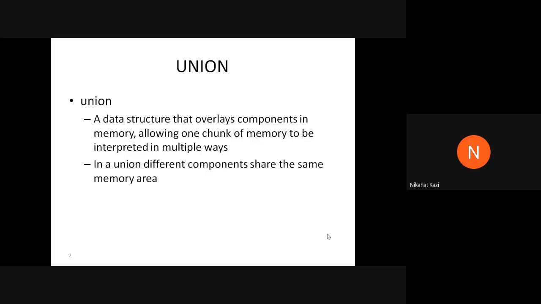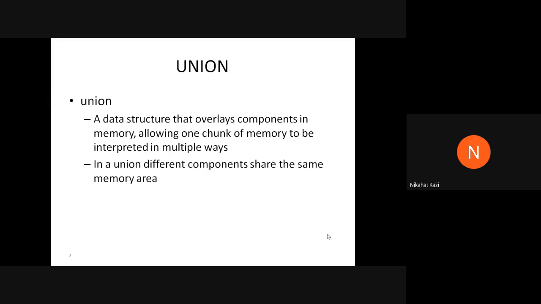Whenever you create a variable of type union, at a time only one component of the union will be active, whichever you assign last. Suppose you have a union of three components A, B, C, and the union variable is u.